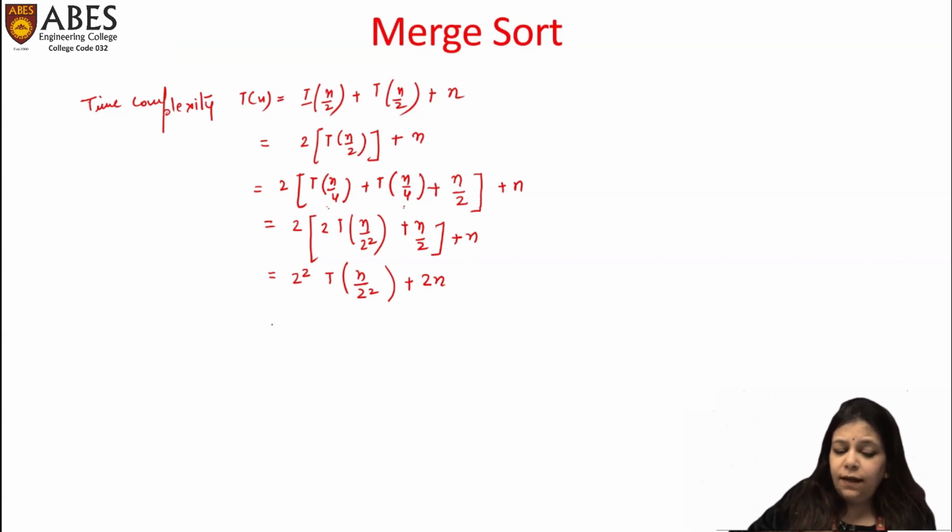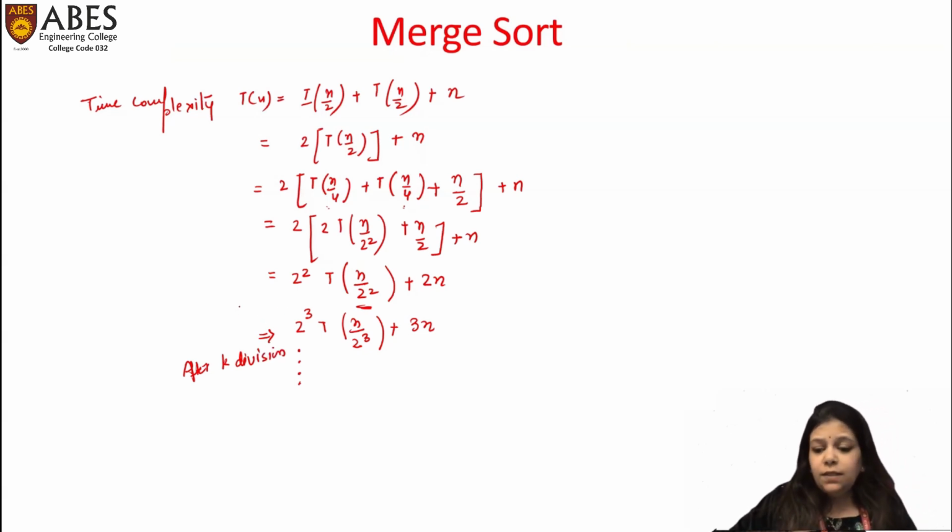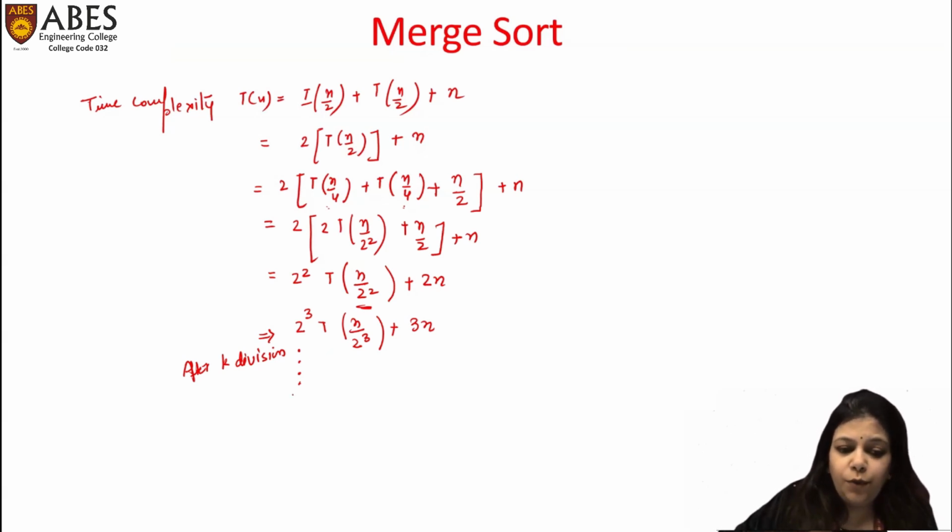Now again, if we divide this problem into two subparts, we will get 2 raised to the power 3 T(n/2 raised to the power 3) plus 3n. Suppose after k divisions, the number of elements in the array is coming out to be 1.